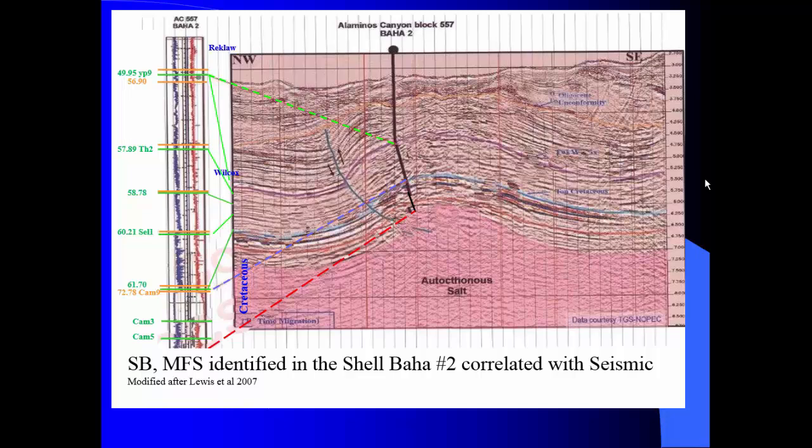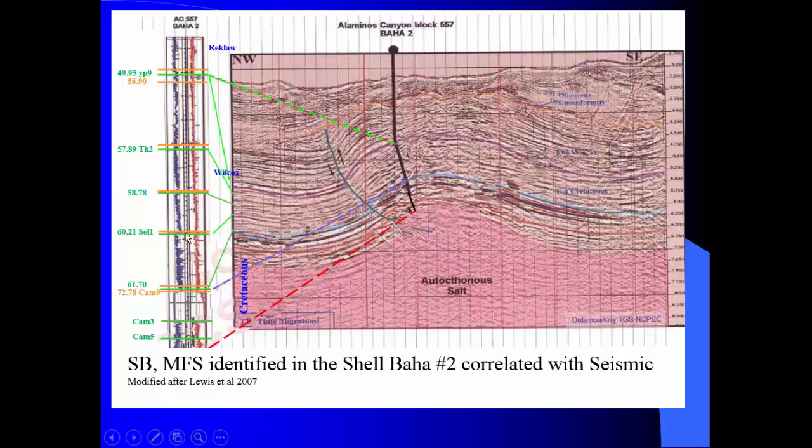Here's the Bigenerina, here's that boundary, 49 to 56, so you've got this nice great big unconformity in this well. And then these are the various maximum flooding surfaces, and this is all in the Wilcox, all the way down to here.